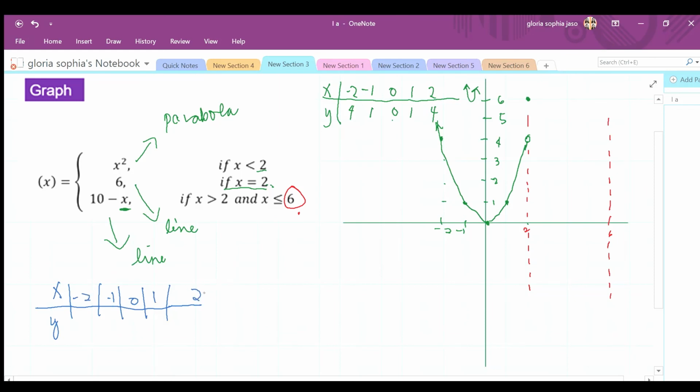So, pwede tayong pumili dito class kahit ano. Basta matitrace natin yung line natin. Okay? So, evaluate natin. 10 minus negative 2. When we substitute negative 2, that becomes 12. Okay, then next is negative 1. So, 10 minus negative 1. So, that's 11. And then, pag 0, so 10. Pag 1, so 9. Pag 2, so that's 8.